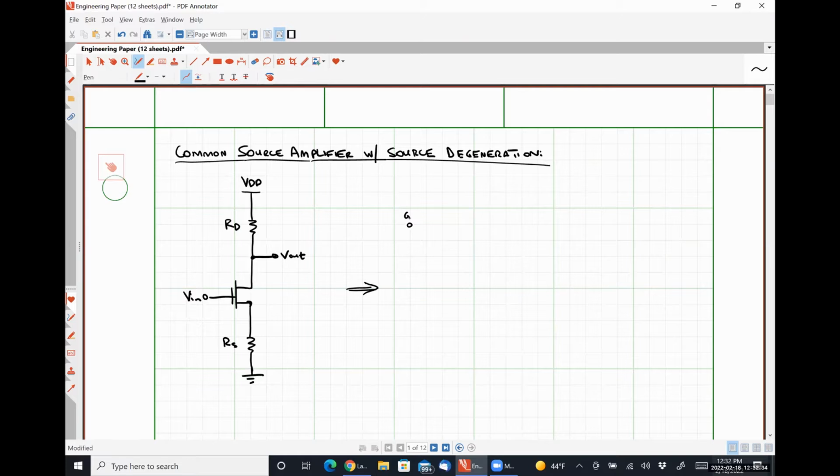Here's our gate. GM, VGS, VGS. As an optional thing, we might have some resistance R naught that we need to deal with.